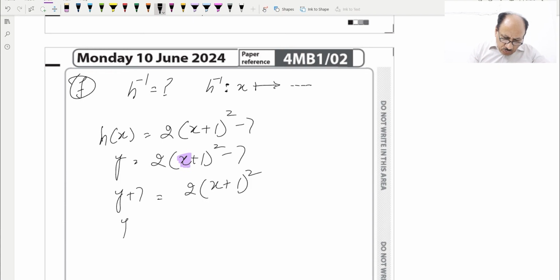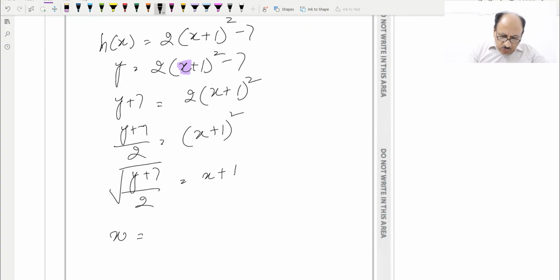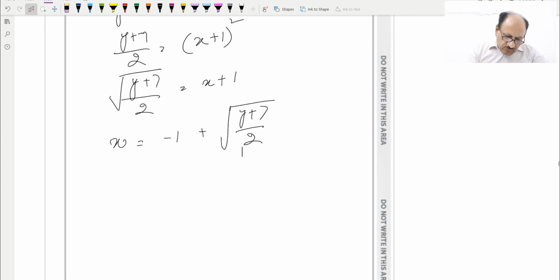Then we can shift 2, so y plus 7 over 2 will be equal to x plus 1 square, and then we can get rid of the square, so the square root of y plus 7 by 2 will be equal to x plus 1, and this one we can shift 1 to the other side, so x will be equal to minus 1 plus square root of y plus 7 by 2, and this one is our h inverse.